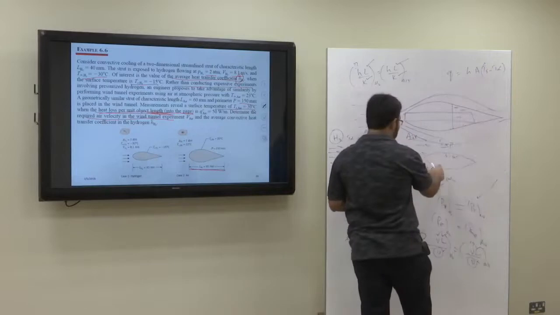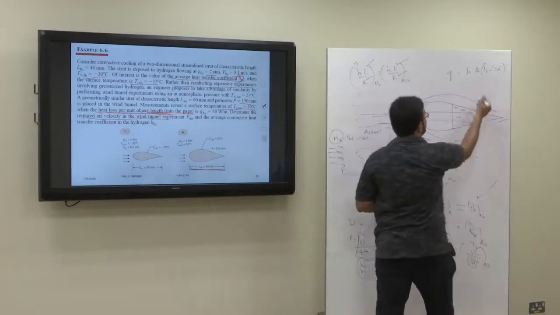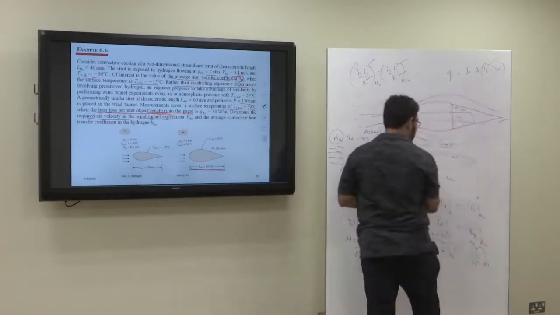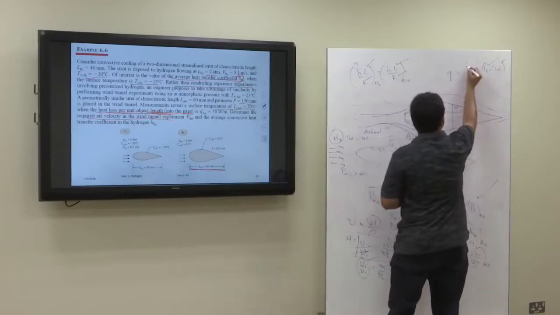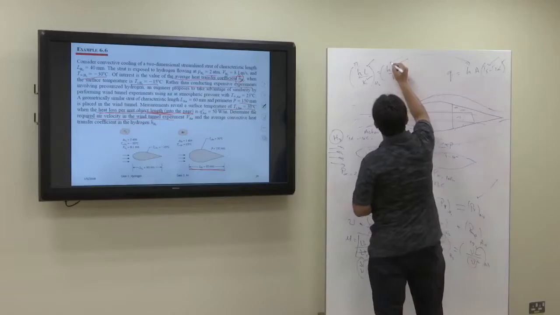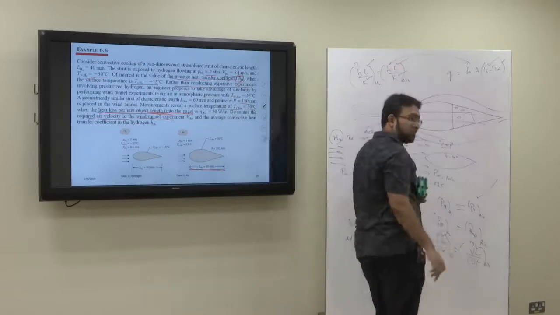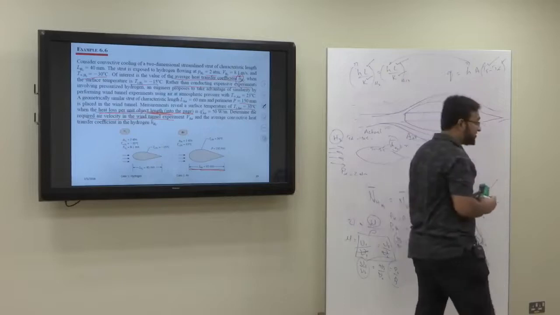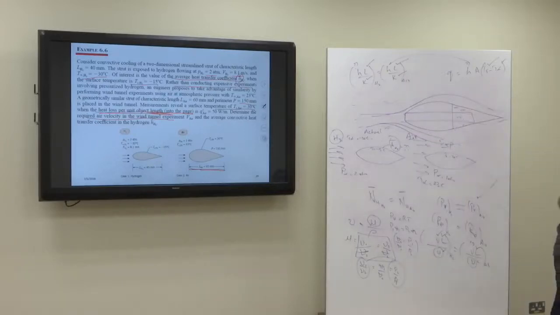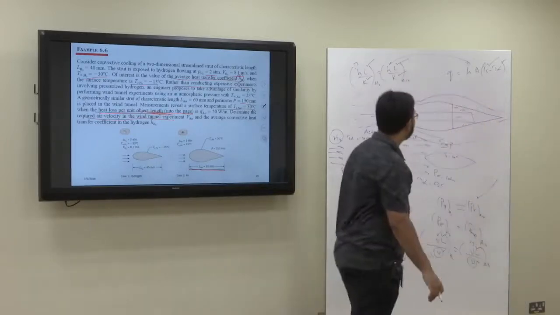Ts for the air case is known, 30 degrees. T infinity for the air case is known. h we want to find out. If we find this h, we will place it here and find the other h. Now the question is, what is the area? Area is the surface area of heat transfer.